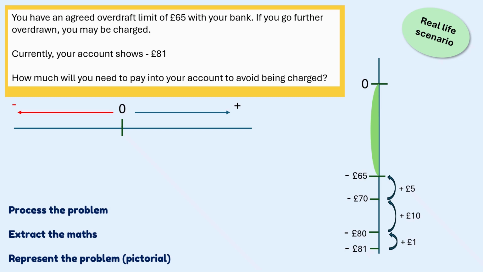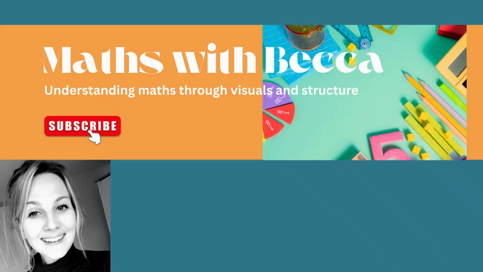So I've now gone from minus 81 up to minus 65, and I need to work out my total jump. So I've got 10, 5 and 1, which altogether would make a jump of 16. So I'd need to pay in £16 to avoid being charged and get back up to minus 65.